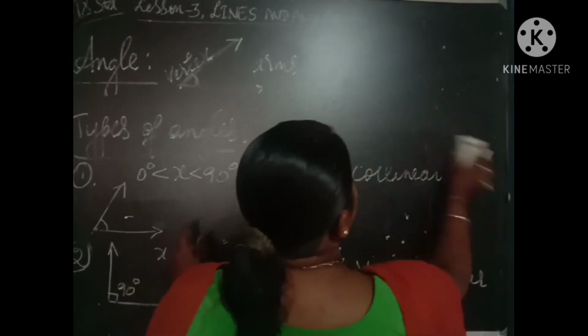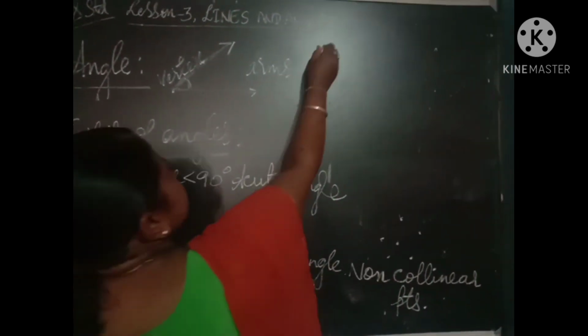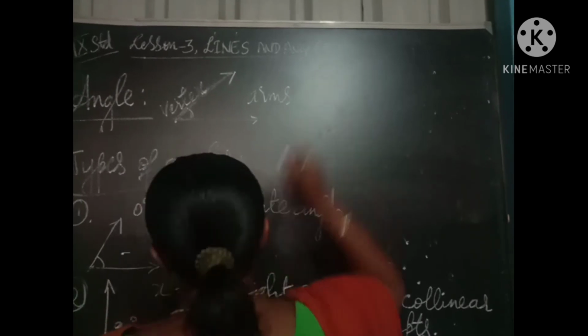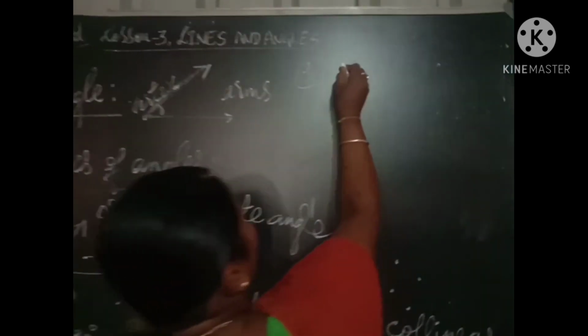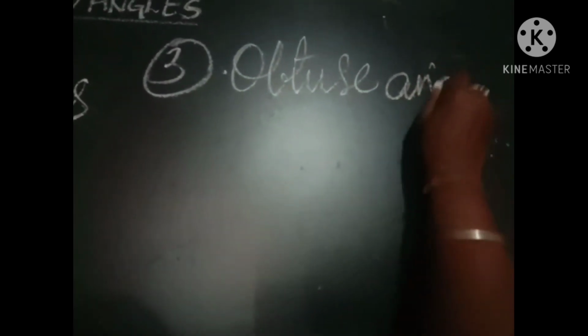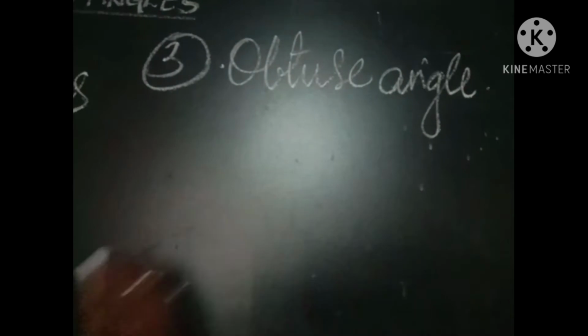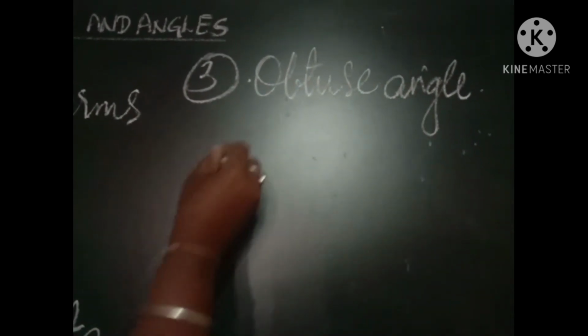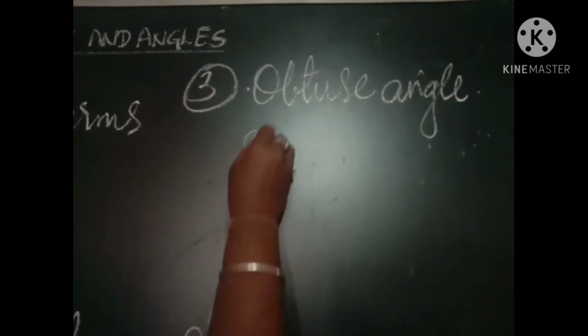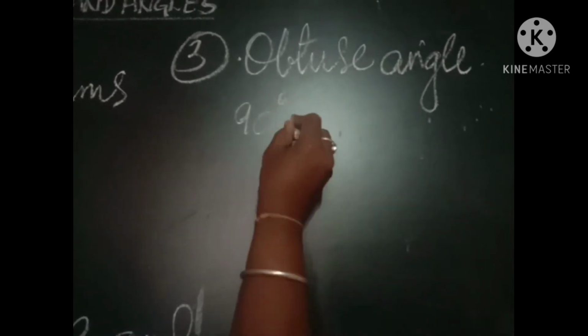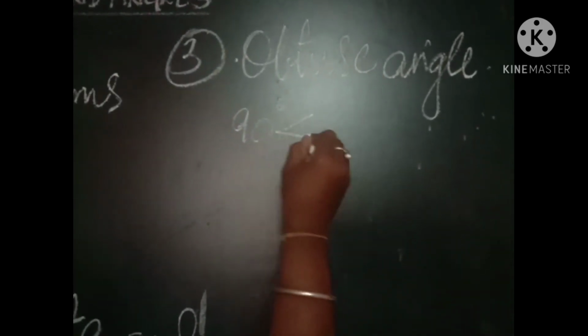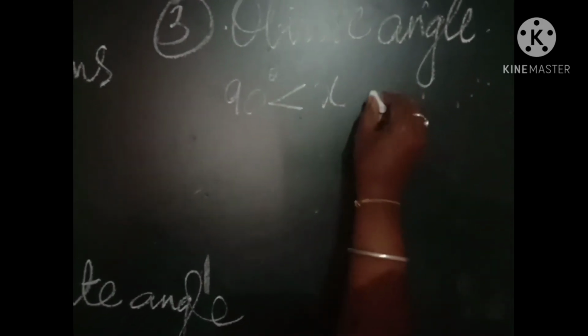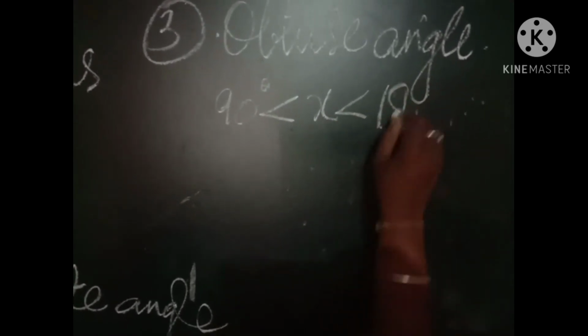Another type of angle is next after right angle. Next comes obtuse angle. What is obtuse angle? An angle which is more than 90 degree and less than 180 degree.